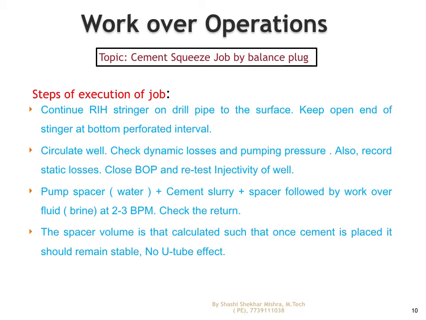Close BOP and retest the injectivity of the well. Pump spacer, cement slurry, and spacer followed by workover fluid at 2 to 3 bpm. Check the return. The spacer volume is such that once cement is placed, it should remain stable, with no U-tube effect.